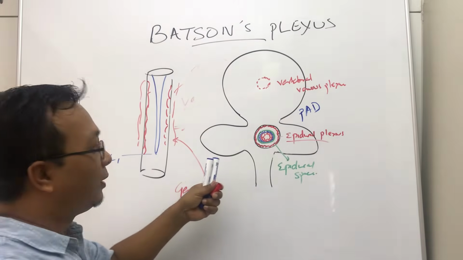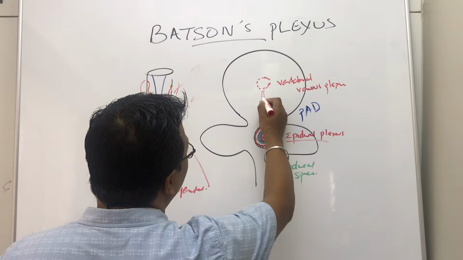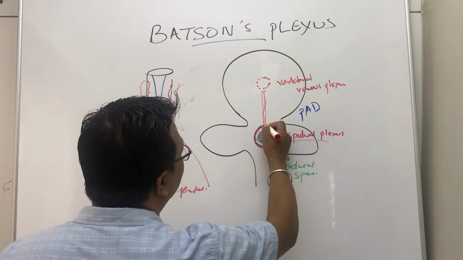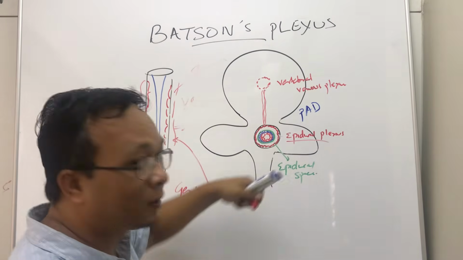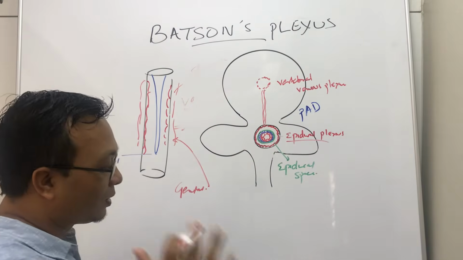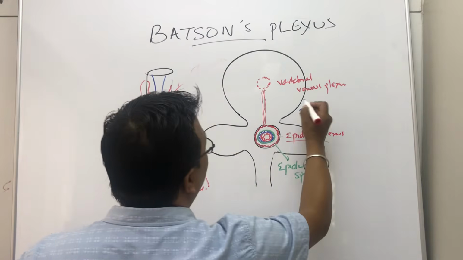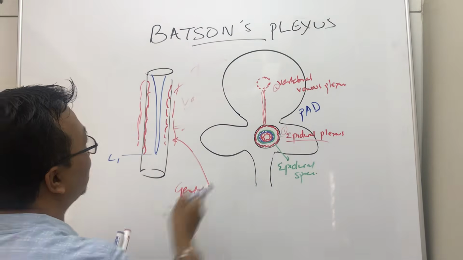This vertebral venous plexus and this epidural plexus are richly connected. And remember, they are valveless veins. Along with the vertebral venous plexus and epidural plexus, there is a third plexus we call the external venous plexus, or external vertebral venous plexus. So this is number 1, this is number 2, and there will be an external venous plexus right here.